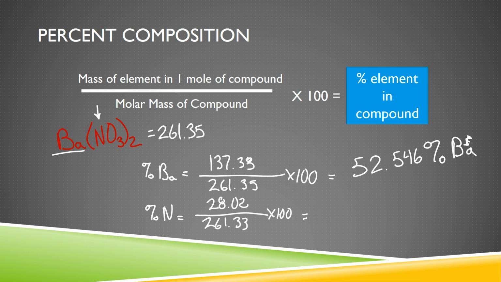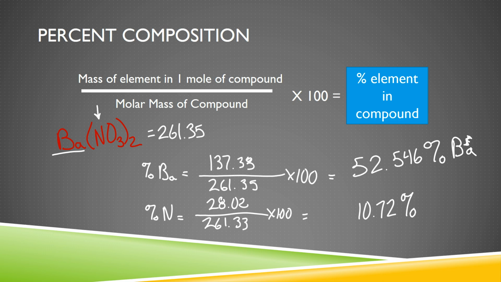All right, and so in this one, I preserve 4 sig figs, and I would say that I have 10.72%. Now, do I have to do that calculation to find out my percent of oxygen? Or what's another way that I could do this? If I add those two together, subtract from 100, that gives me the percent of the other element in there.